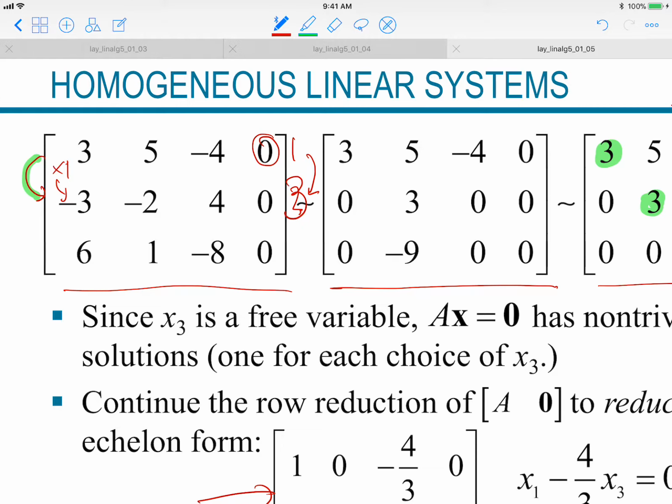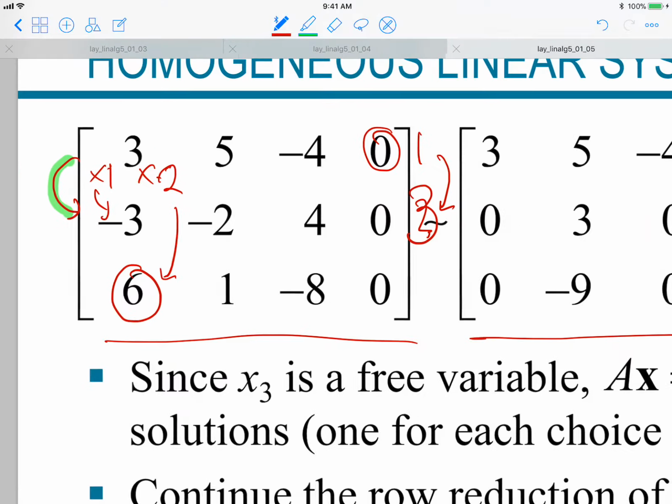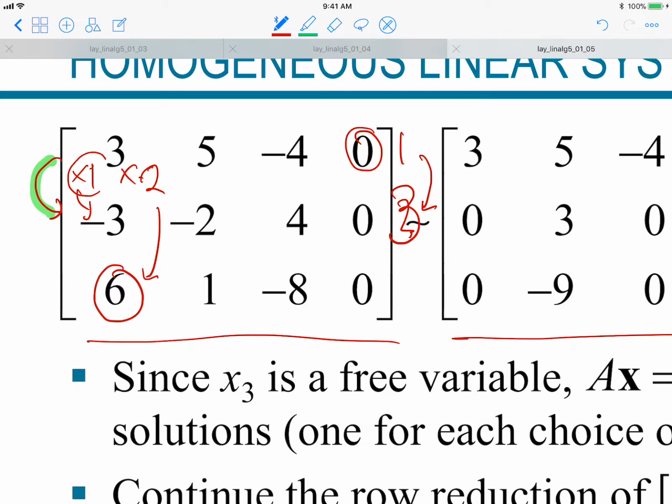And then we will cancel out or make this one 0 by multiplying by 2 and subtracting it from the last equation. So this is the detailed row reduction steps, right? In this process of multiplying by 1 and adding it to the second one and then multiplying by 2 and subtracting it from the third one.